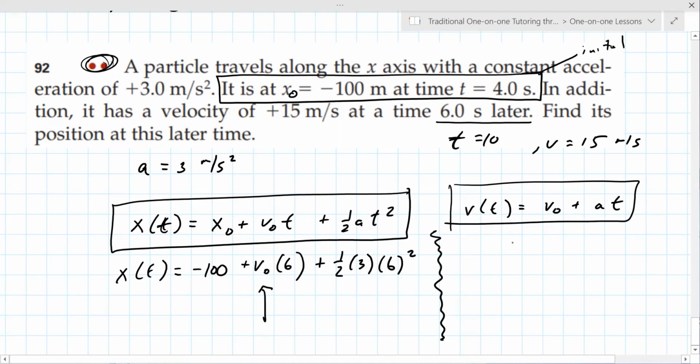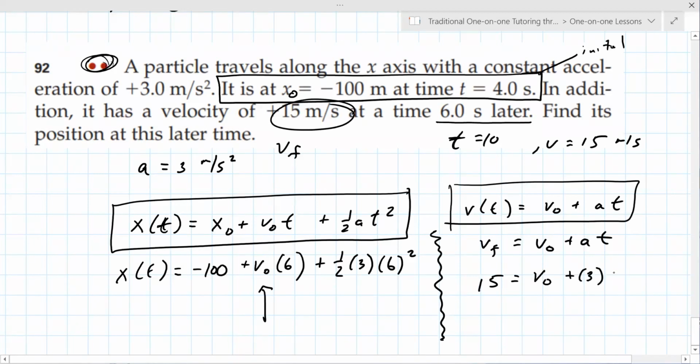This equation on the right says V final equals V initial plus acceleration times time. This is V final. That's v of t. You can replace V of t with VF. V0 is what we're trying to find. The acceleration is 3.